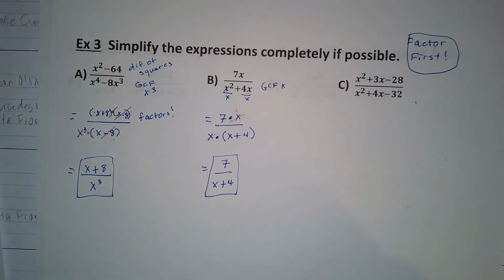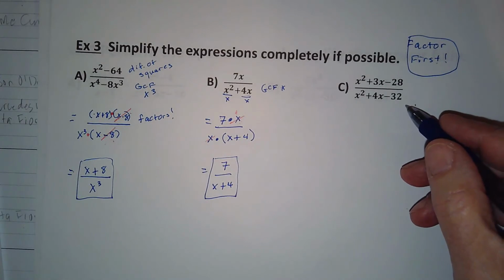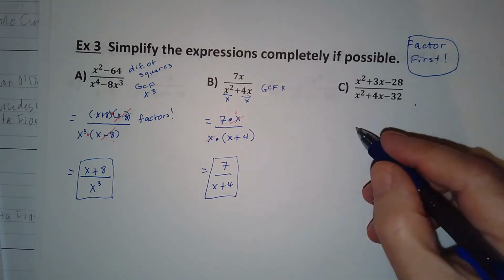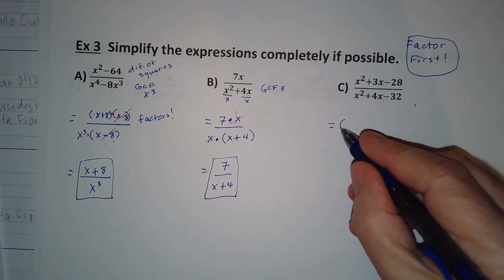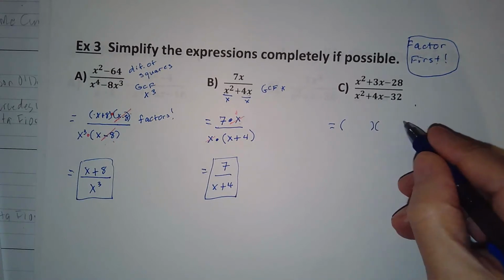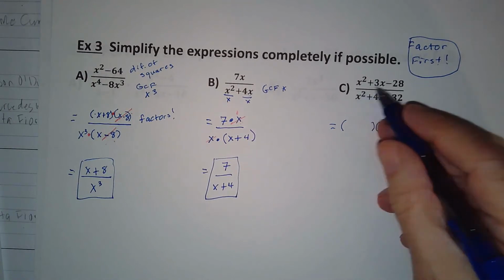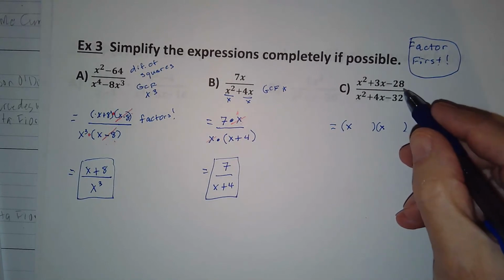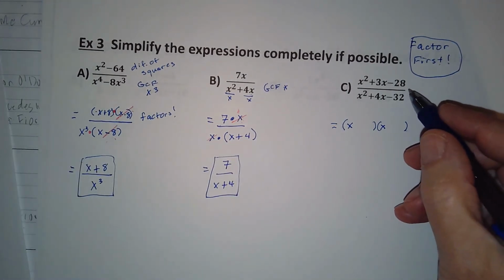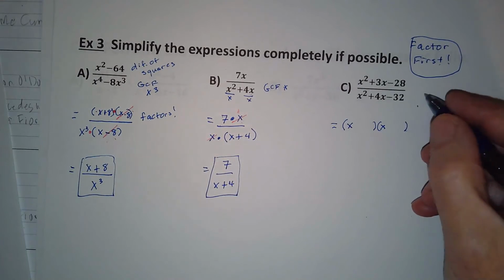All right. Well, here I've got two trinomials, so I'm going to have to double bubble these. So let's do that. That's going to equal parentheses, and so first I've got x squared, so I'm going to have x and x in the beginning. And then what times what equals negative 28 that when added together equals 3?